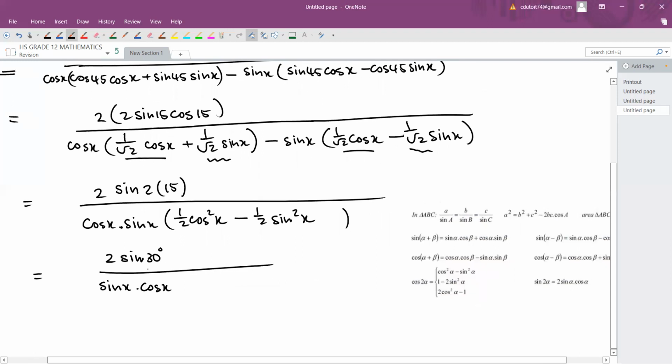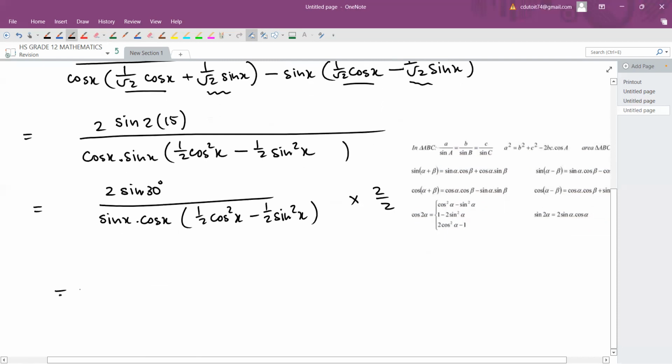So if I can just multiply that with something, I can force that. If I multiply that with 4 on top of 4, I don't have to do 4 on top of 4. I can just do 2 on top of 2. Just write that down. Half cos square x minus half sin square x.